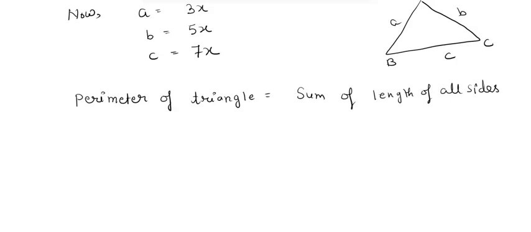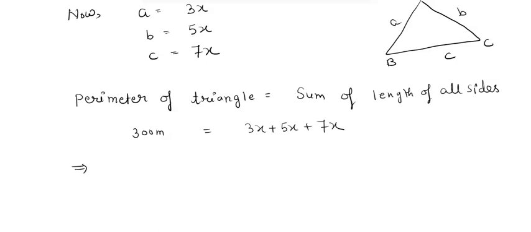So perimeter here given 300 meter is equal to sum of all sides, it means 3x plus 5x plus 7x.